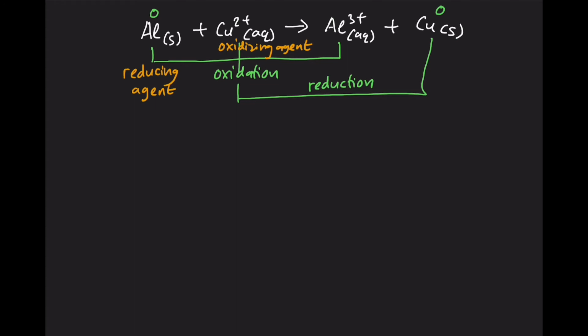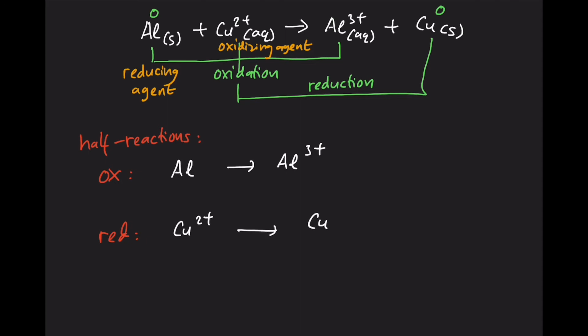Normally, to solve such reactions, we will have to write down two different half reactions. We can write down the oxidation half reaction and the reduction half reaction. So for oxidation, we have Al becoming Al3+, and for reduction, we have Cu2+ becoming Cu0 or Cu neutral.